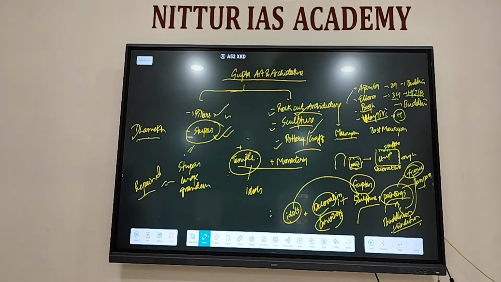Viharas are where monks used to reside, and Chaityas are where they used to worship. Mahayana followers can also go to worship. So Viharas are the residence of the monks and the prayer hall is Chaityas.